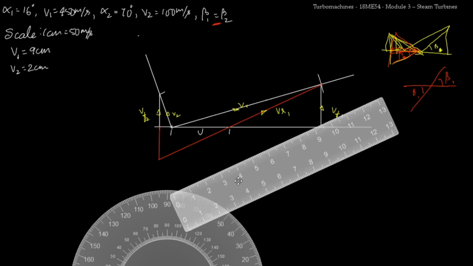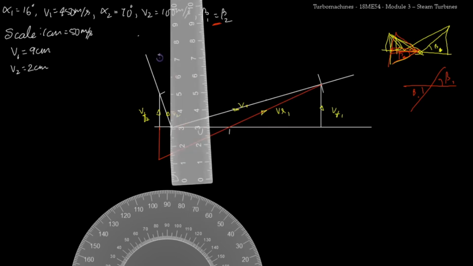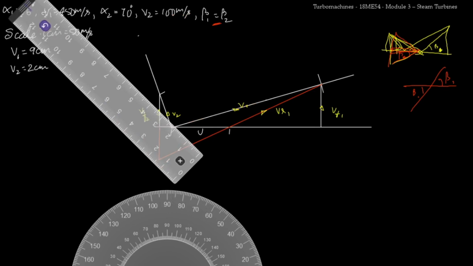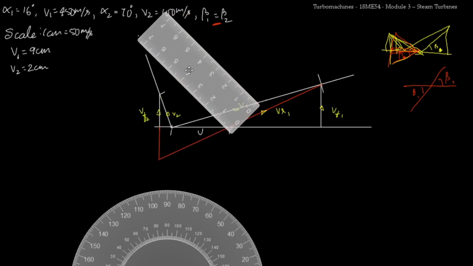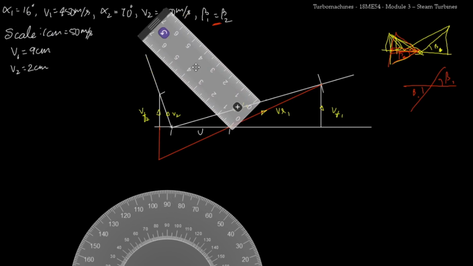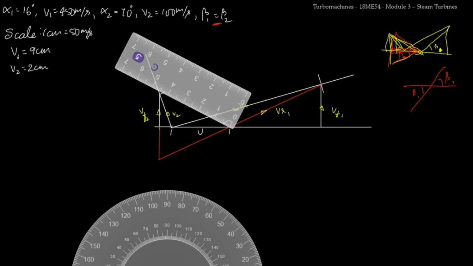Now what I'll do is from this point I'll join the apex of the outlet velocity triangle. So for that I have to rotate the scale. I'll keep it here for this point and I'll adjust the scale. Now I'll join these two. From this point till here I'll draw a line.